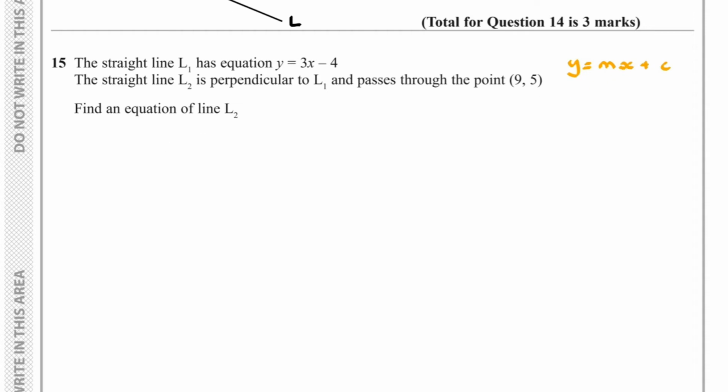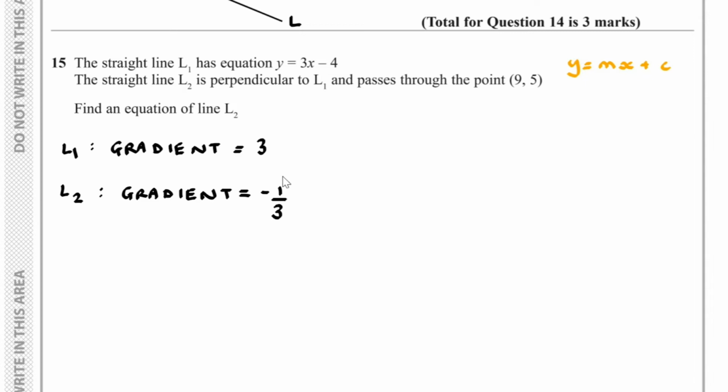Now if I take a look at the line L1, the gradient is quite visible, that's just 3. And so therefore the gradient of L2 will equal the negative reciprocal of 3, which is minus 1/3.